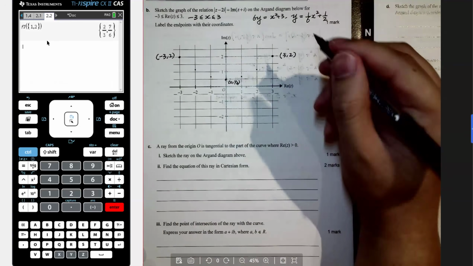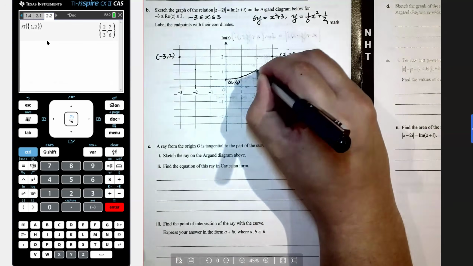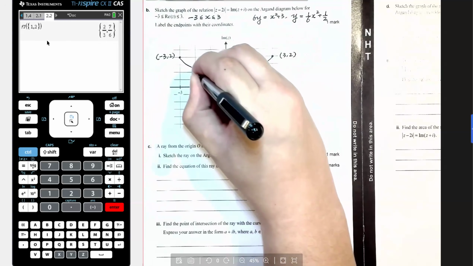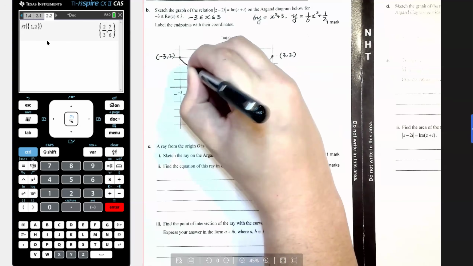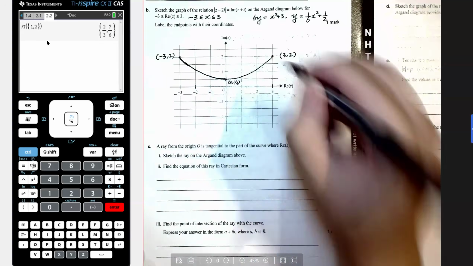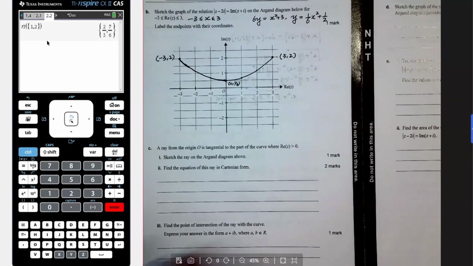Remember, your parabola should look symmetrical. I should use pencil, but anyway. Right, that is a possible graph.